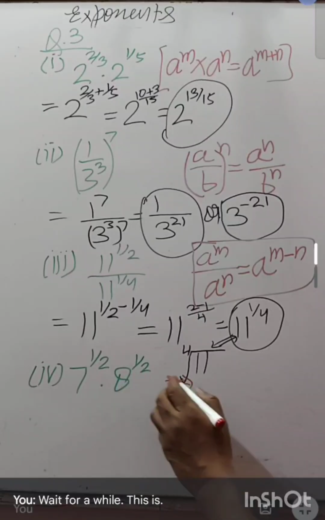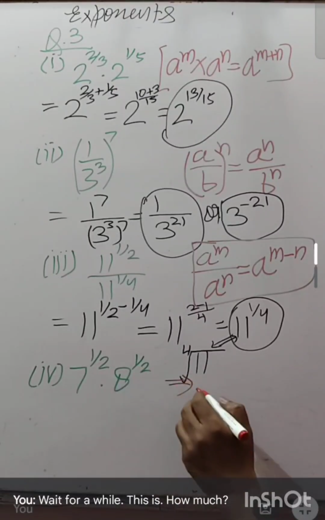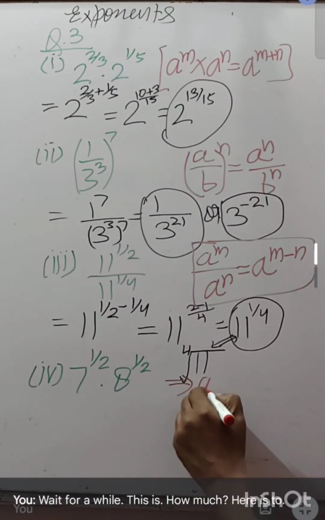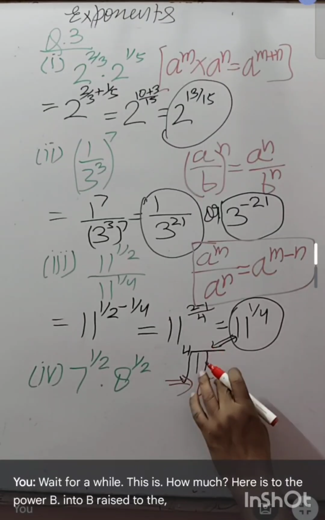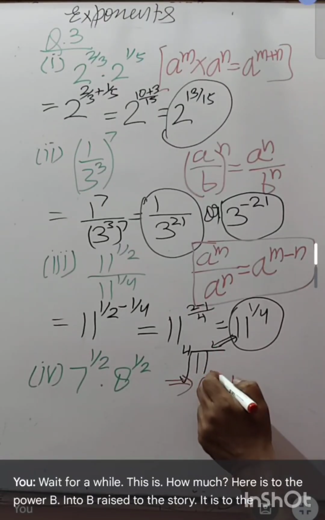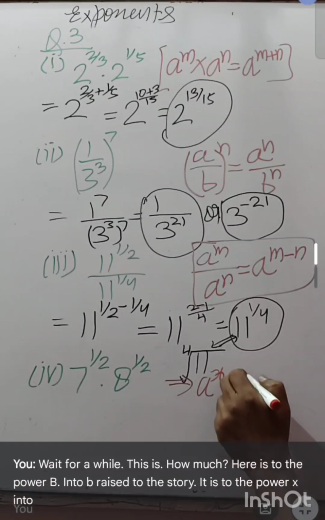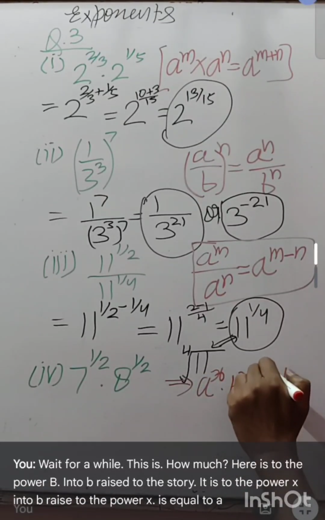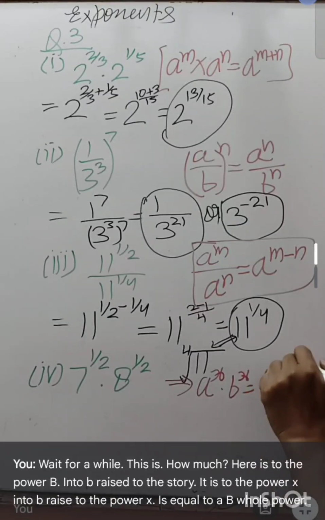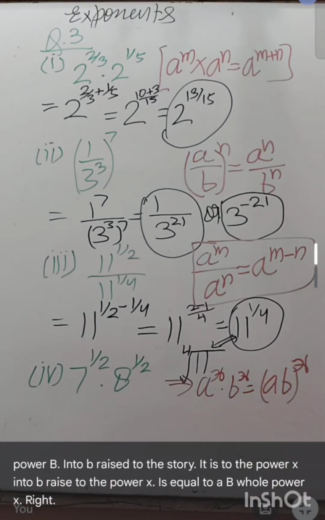A raised to the power x into b raised to the power x is equal to ab whole power x. So you are correct here.